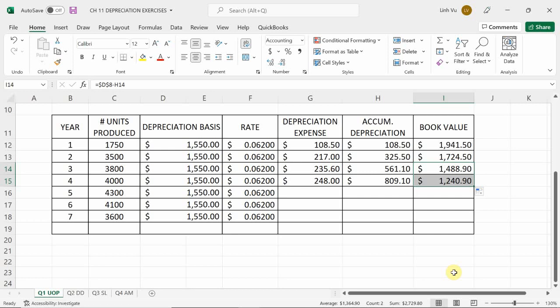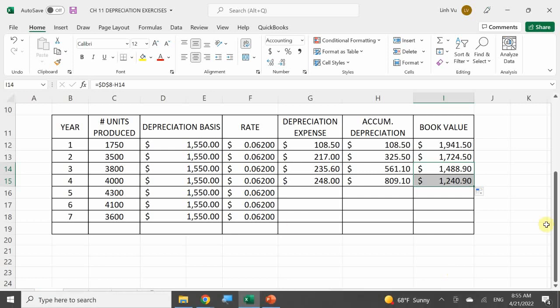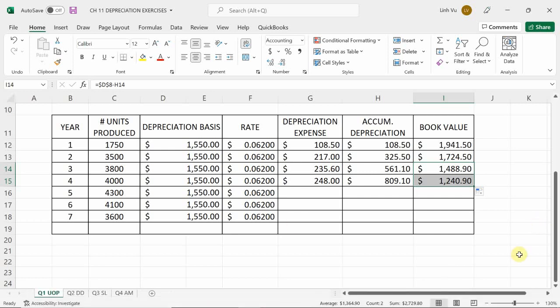So 9 minus 10 should give you, yeah, because you have to carry the 1 over. So in this case it should be 1240.90.